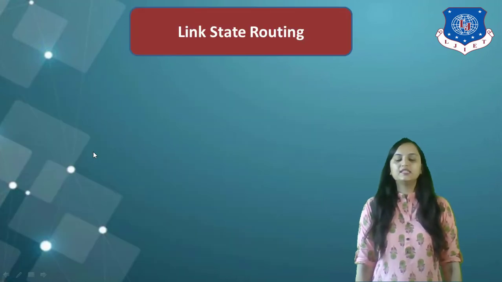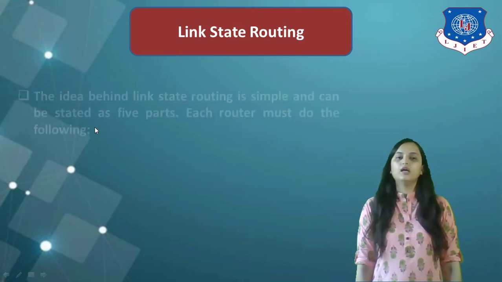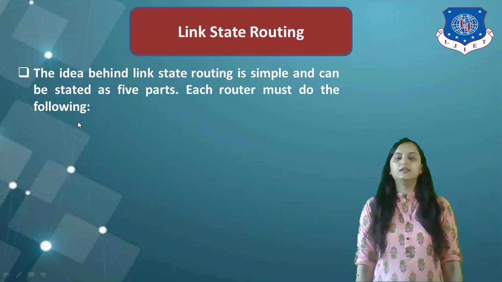Now, let's see the next one. The next dynamic routing algorithm is link state routing. The idea behind link state routing is simple and it can be stated in five parts. Here, each router must do the following.